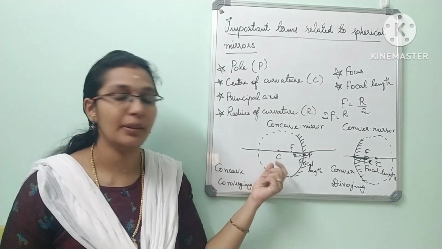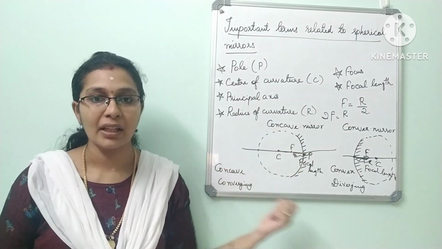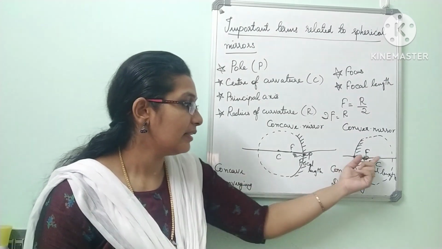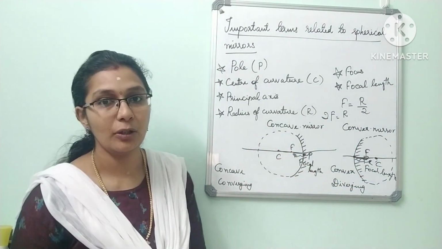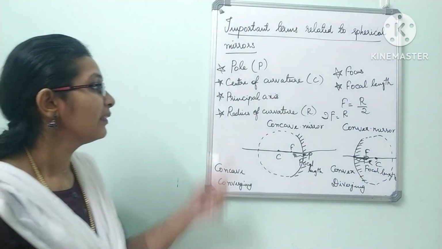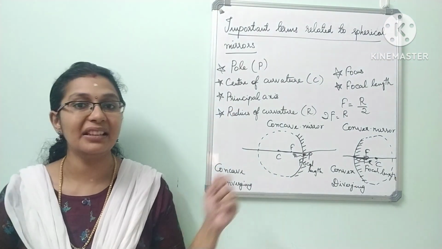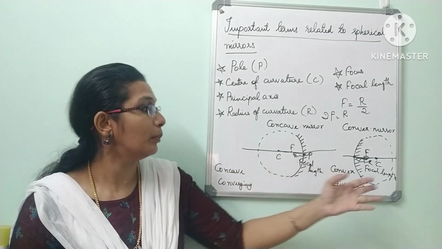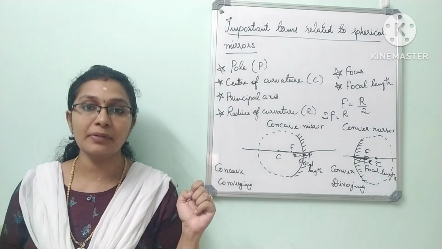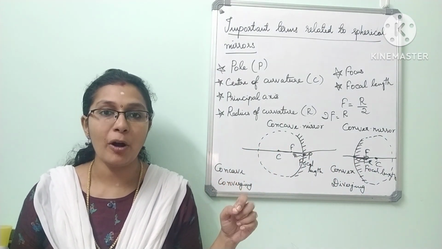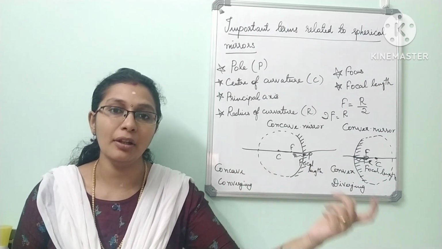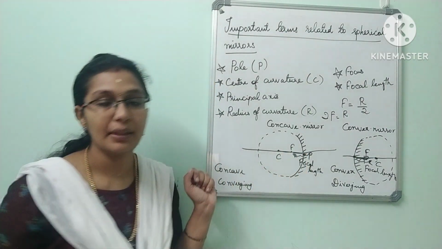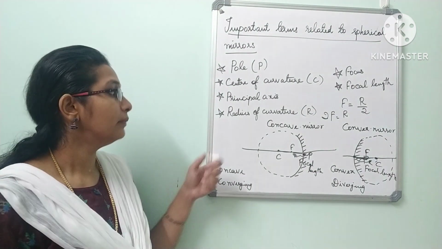Center of curvature is the center point of the sphere from which the reflecting surface is taken. Then the principal axis is the imaginary line joining the center of curvature and the pole in both cases. And radius of curvature is the distance from the center of the sphere to the sphere. From here to here is the radius of curvature.